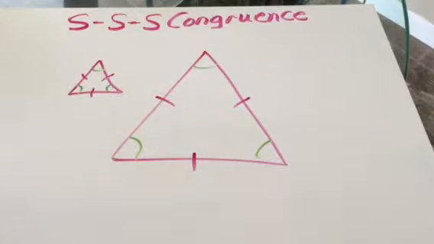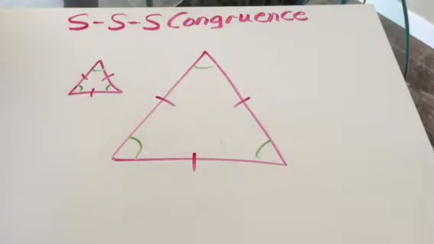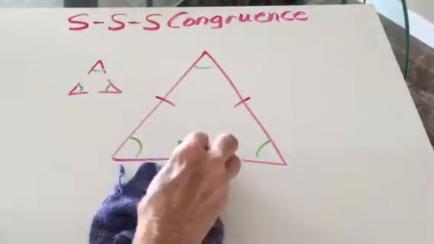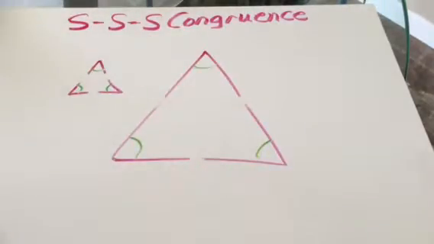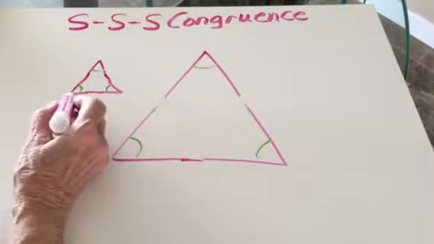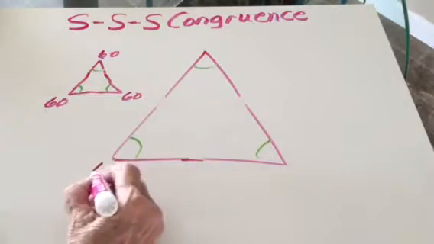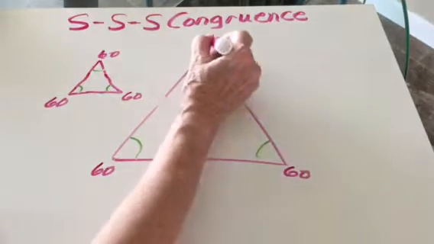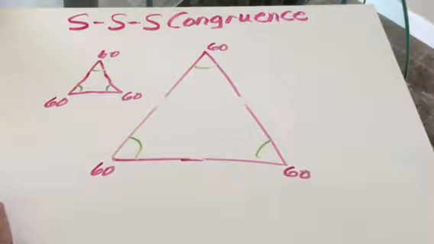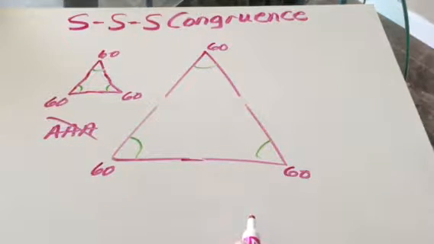But let's say I didn't know that these sides are the same. If I just know that the angles are the same, I can't say the triangles are congruent. Because even though this is a small triangle, this is 60, 60, 60. And this is a giant triangle, 60, 60, 60. It's the same shape, but it's not congruent. So there is no such thing as angle, angle, angle congruence.